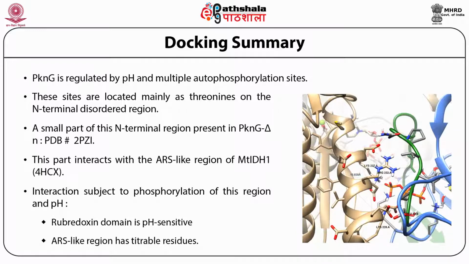This understanding now leads us to design and plan inhibitors to break this interaction so that the phosphorylation can be stopped, and then we can identify compounds that lead us towards stopping persistent tuberculosis.